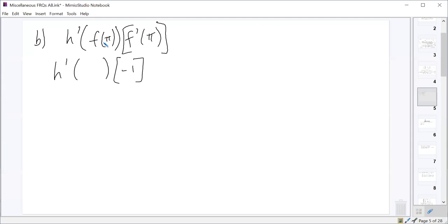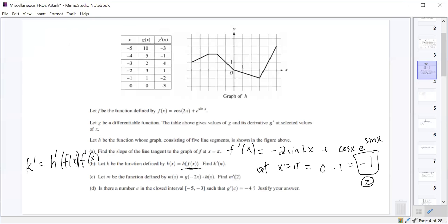So then we need to figure out what is f of pi. So we go back to our original. What's f of pi? What's the cosine of 2 pi? 1, right? And then e to the sine of pi. Sine of pi is 0, so e to the 0 should be another 1. So f of pi is 2. Everybody good with that?